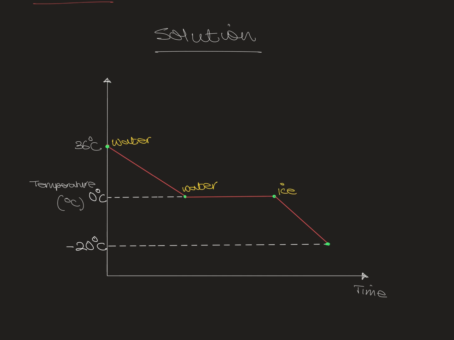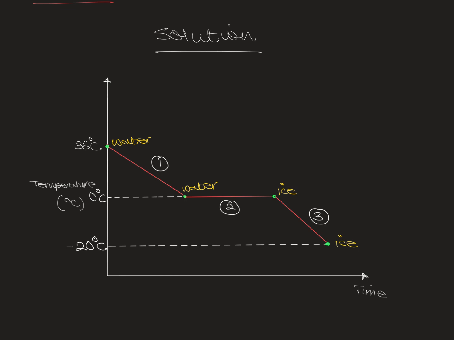So ice at 0 degrees Celsius continually loses heat to become ice at minus 20 degrees Celsius. So this whole process involves 3 stages, as you can see. This is stage 1, this is stage 2, and this is stage 3.